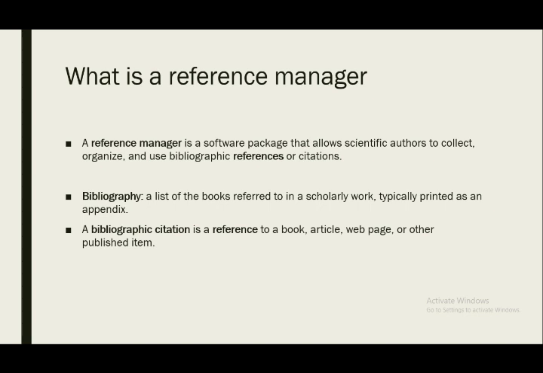Whenever we write a thesis and take help from a material, we write a reference of that material. That helping material is listed at the end of the article, book, or thesis. That list is called a bibliography.